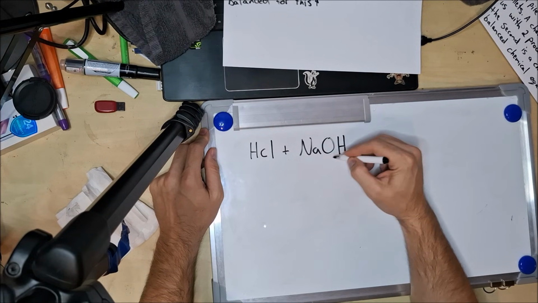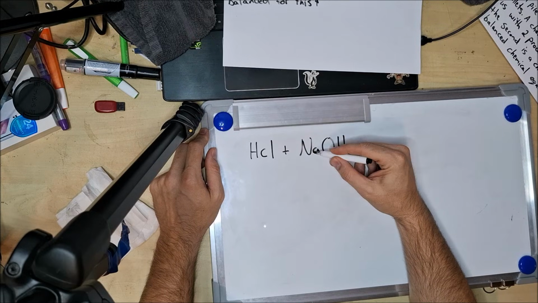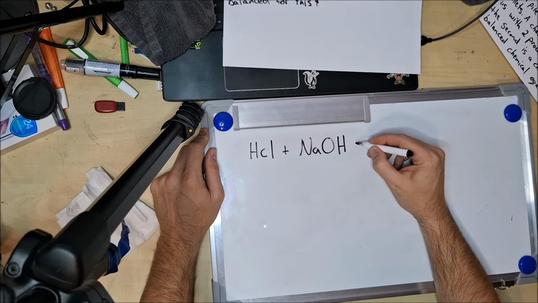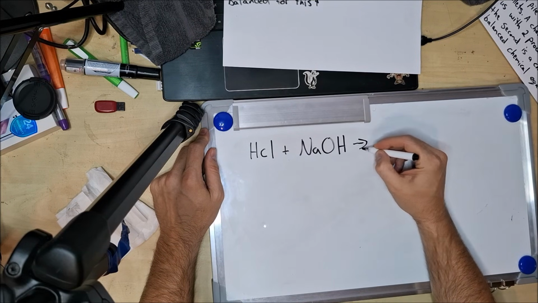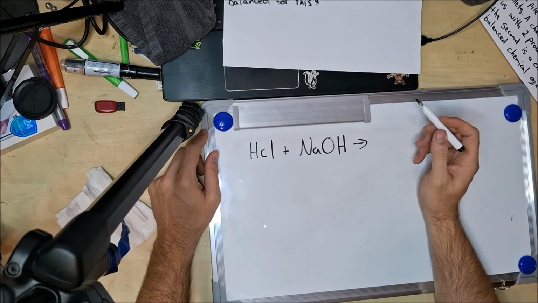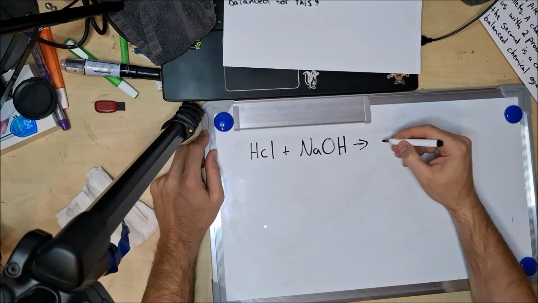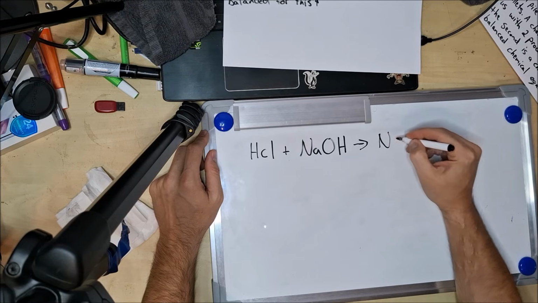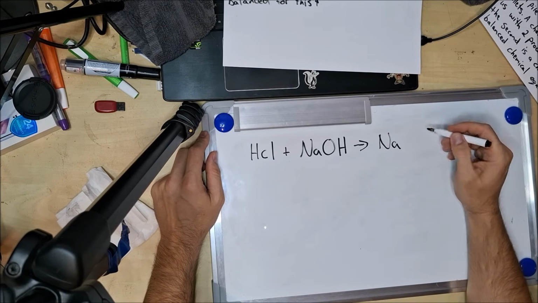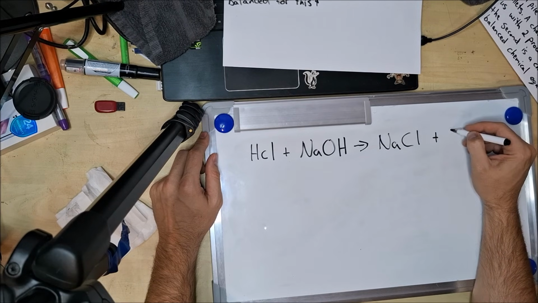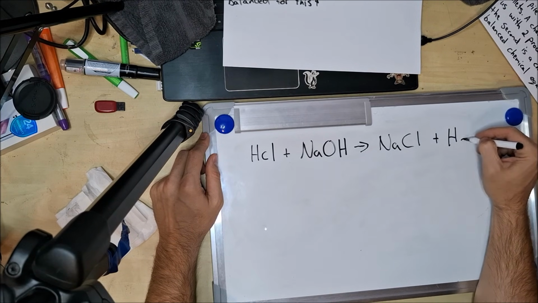You see where all of the elements come into play. Sodium hydroxide gives me products sodium chloride and water. Sodium chloride, again I know sodium is Na, chloride is just Cl, plus water.